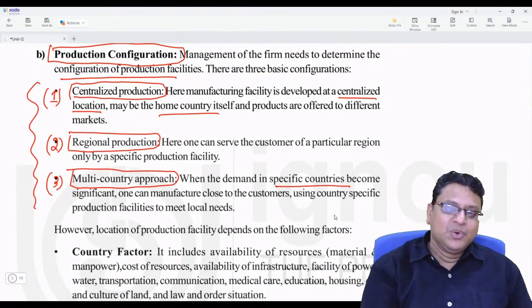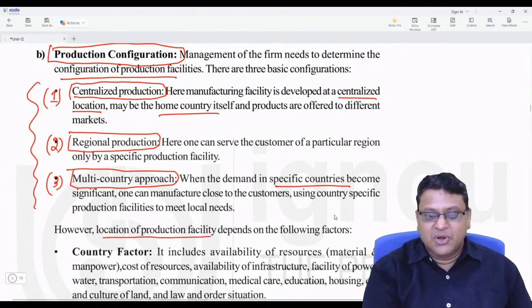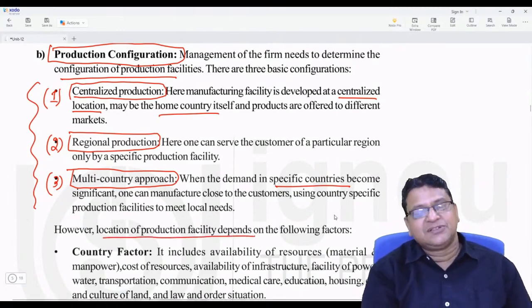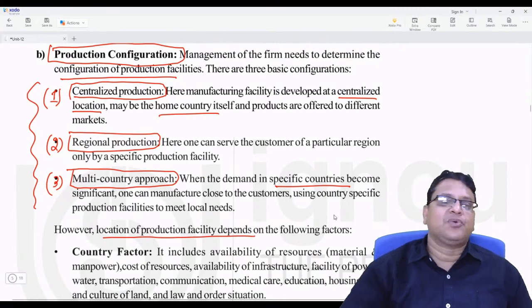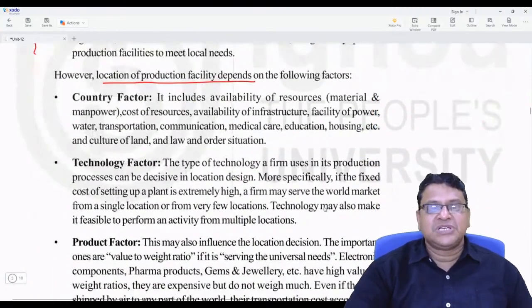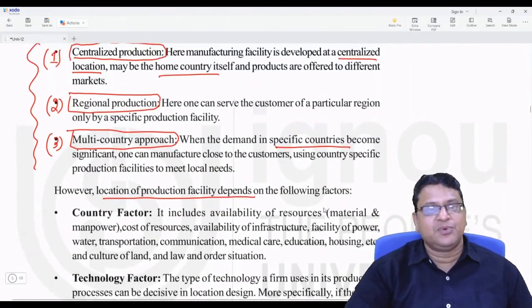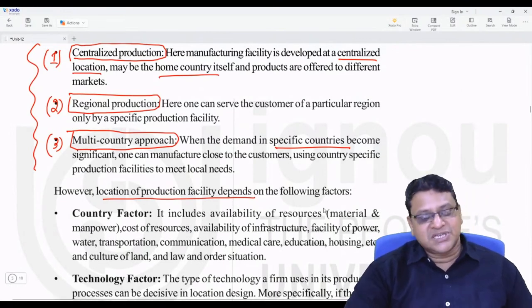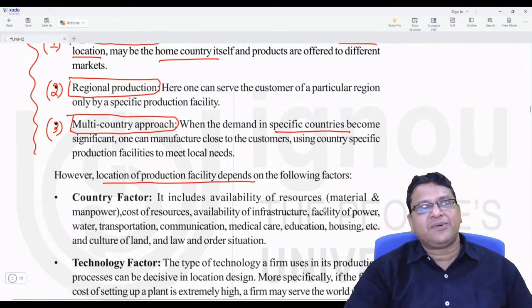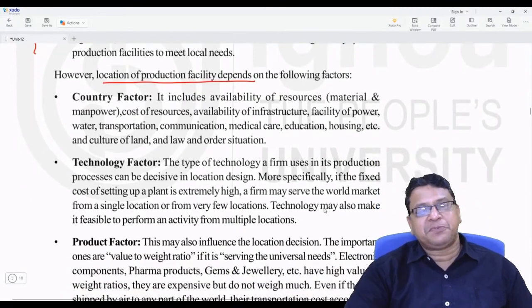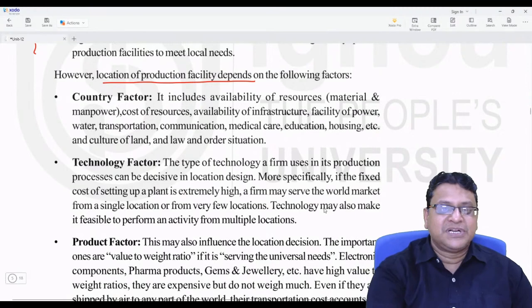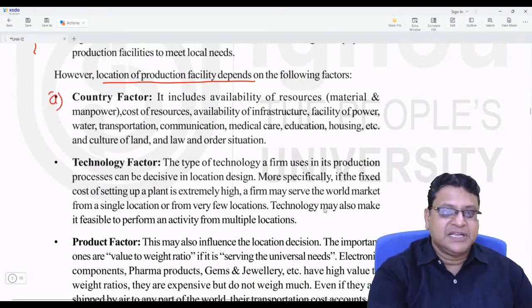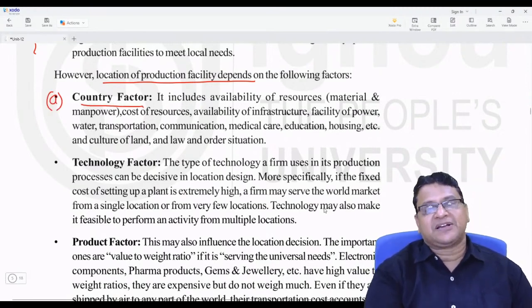So in order to decide the location of the production facility, the following factors are considered. What are the factors which are considered while deciding which type of production facility we will adopt, whether we will adopt centralized production policy or regional production policy or multi-country production policy? It depends upon several factors. First one is country factors.